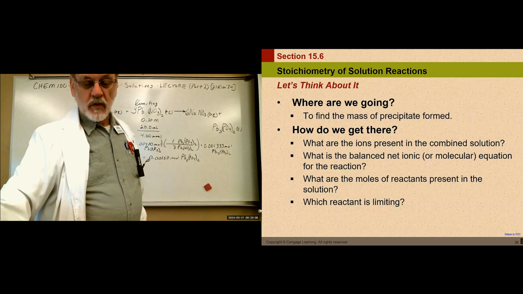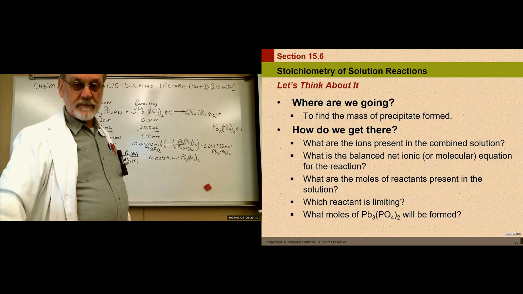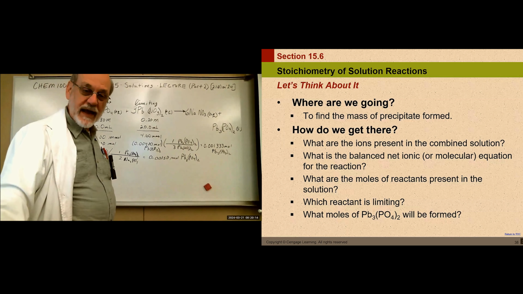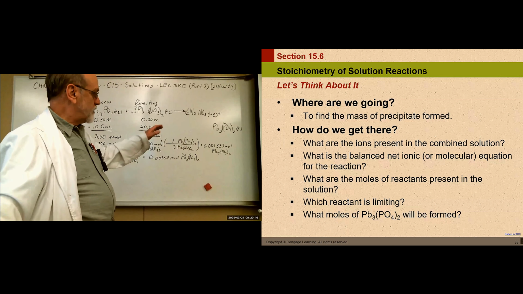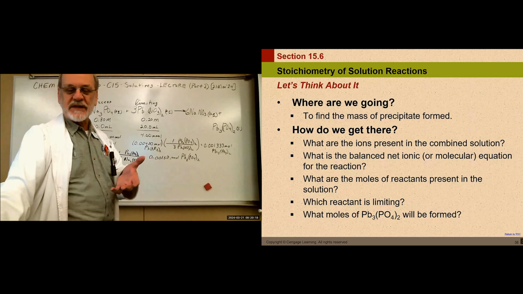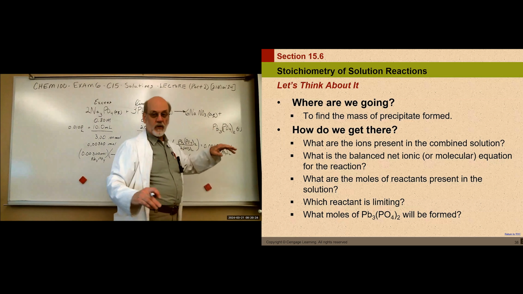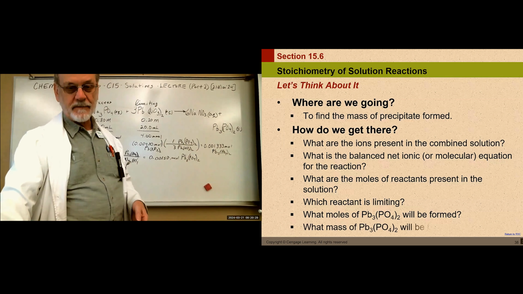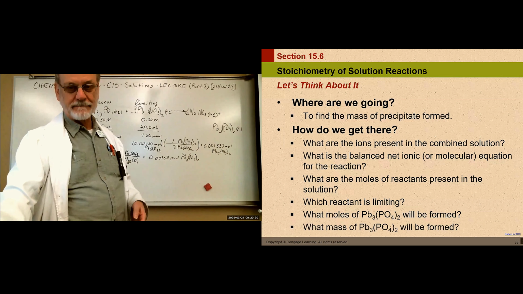Right, so which reactant is limiting? We determined that. And then we're going to calculate how many moles of, well, we already did. To determine a limiting one, we did calculate the number of moles that would form. So now we have the number of moles of this form. All we have to do now is convert it back to mass. Okay?